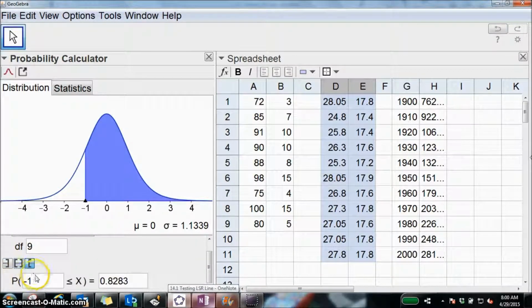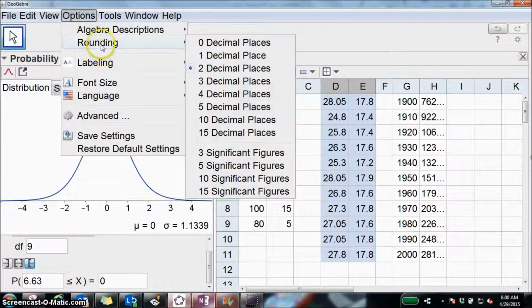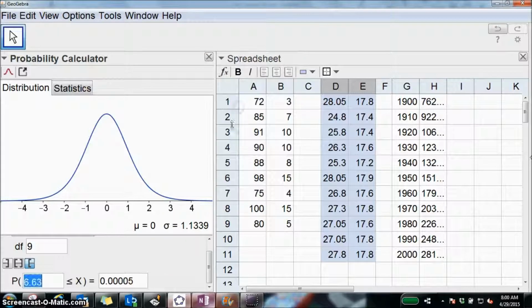This is two-tailed, but because it's positive, we use the right tail, we put in our 6.63, and multiplying by 2 it'll give us 0.001, like we expect.